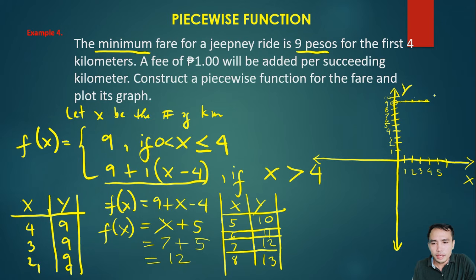Ayun, dito siya. Then 6, 11. Then we have 7, 12 and 8, 13. Okay. So that is the graph of this function.